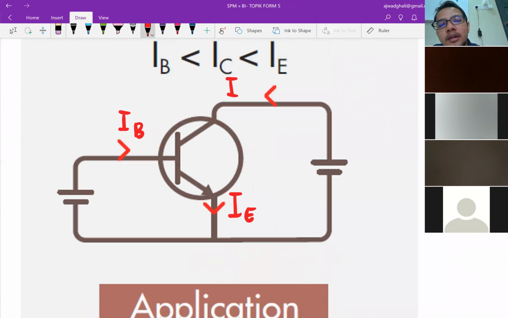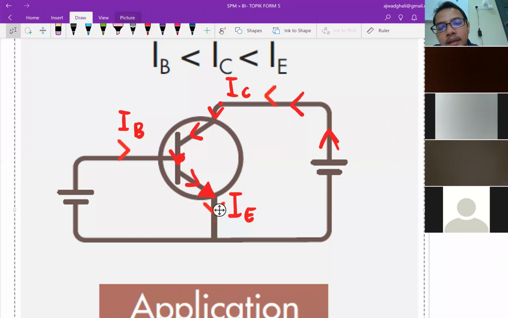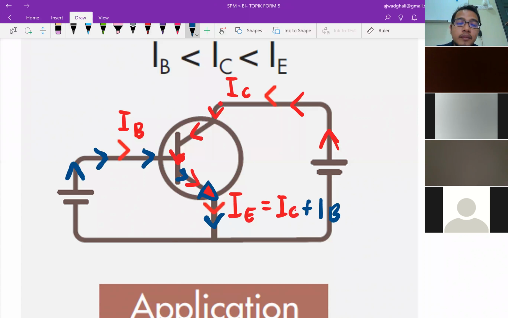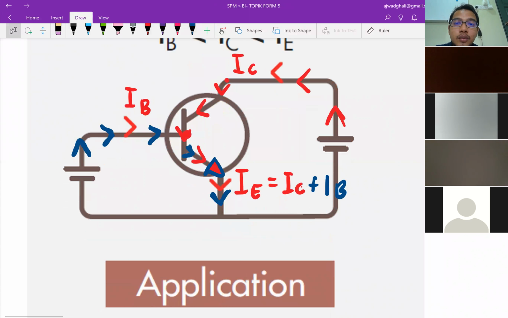From this battery, current flows here, follow the arrow, so current flows to E. Then current flows from the base, follow the arrow, so current can flow to E. So the emitter current is the collector current plus the base current.